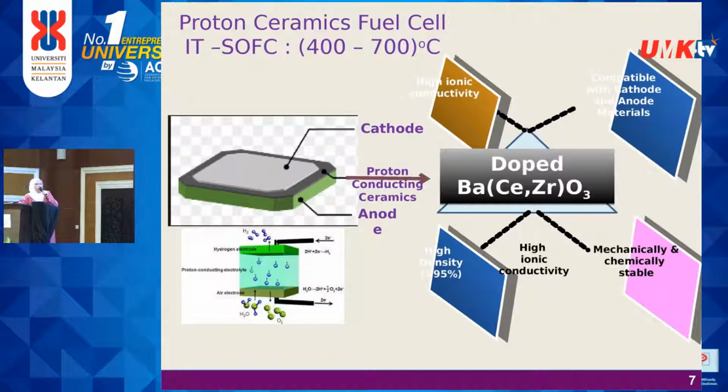It also shows mechanical and chemical stability towards carbon dioxide and water vapor, and it is compatible with the cathode and anode materials, because we also want to fabricate a cell that consists of the anode, cathode, and electrolyte.